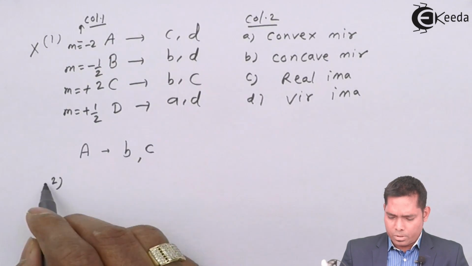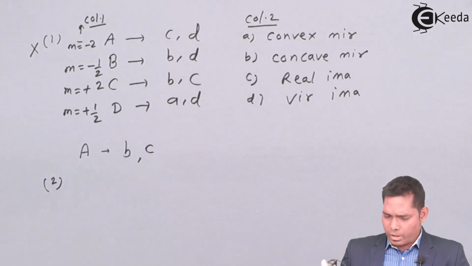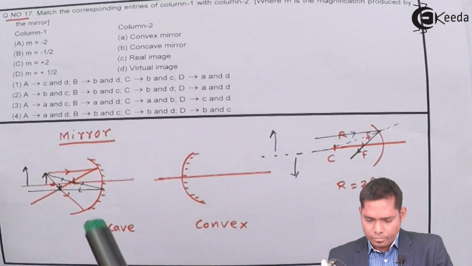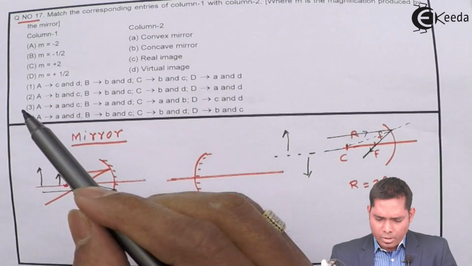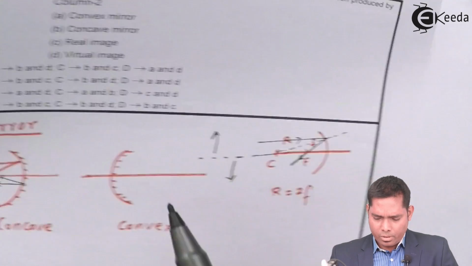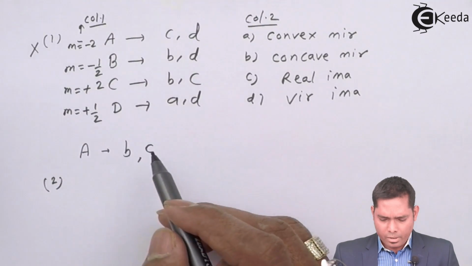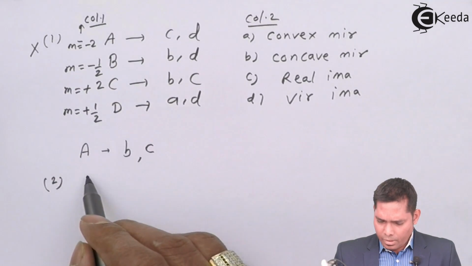We'll go to the second option. In the second option, what is given?